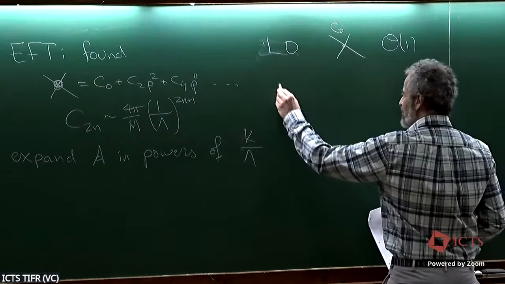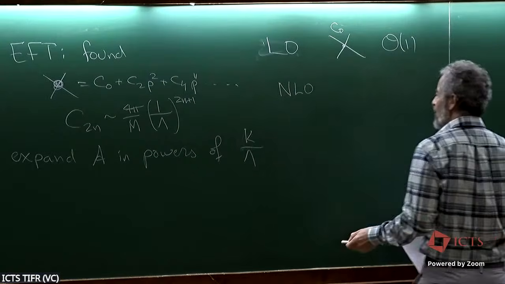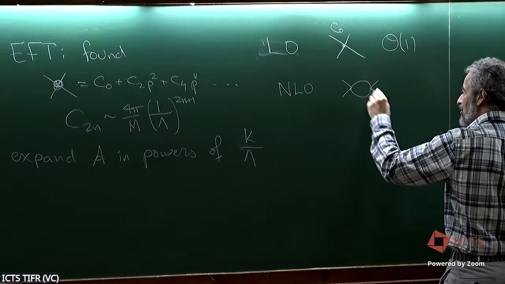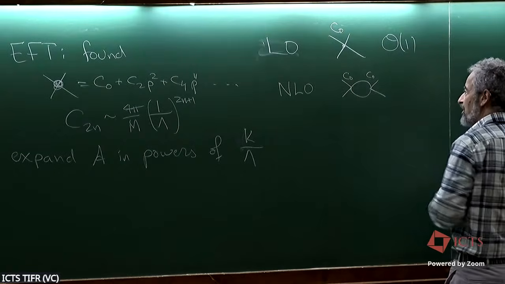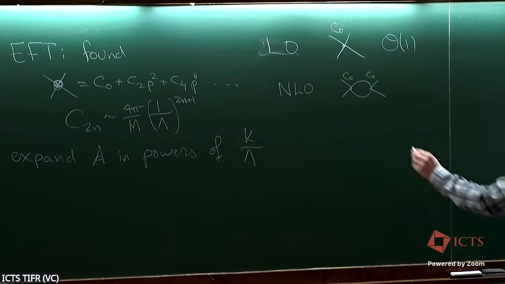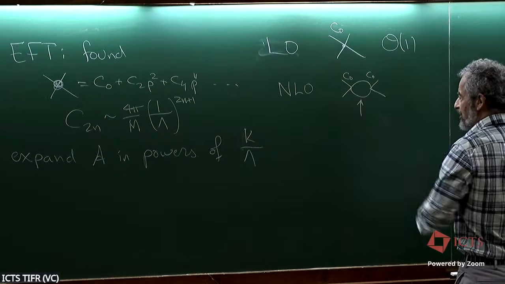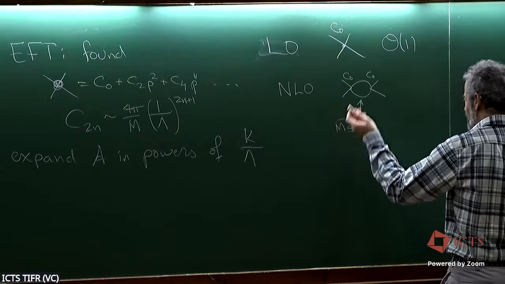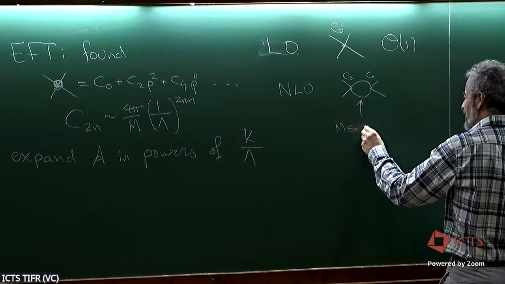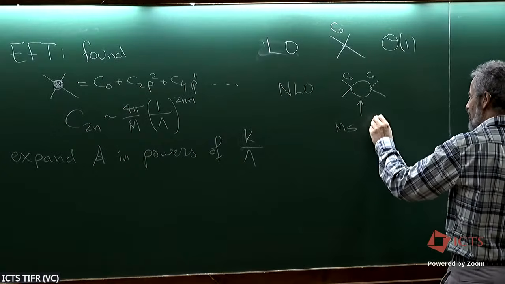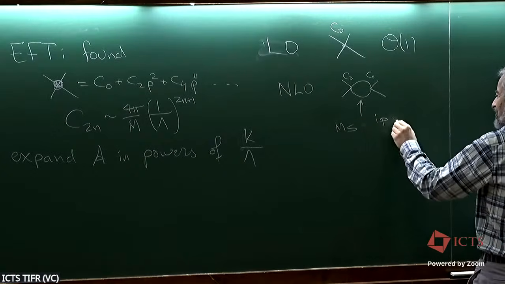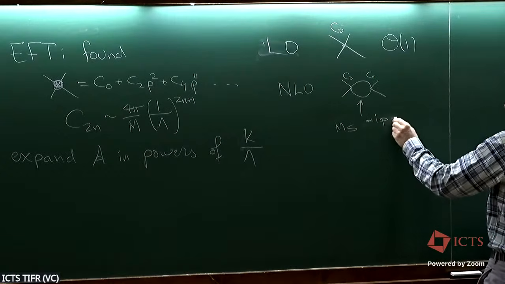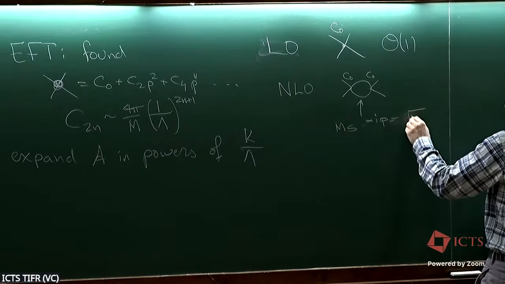Then at next leading order, we could have this graph. There's a C0 here. And we have to remember that the loop diagram here in MS bar, or MS, whatever, gives us just iP times 4 pi over m, where this P is the square root of ME.